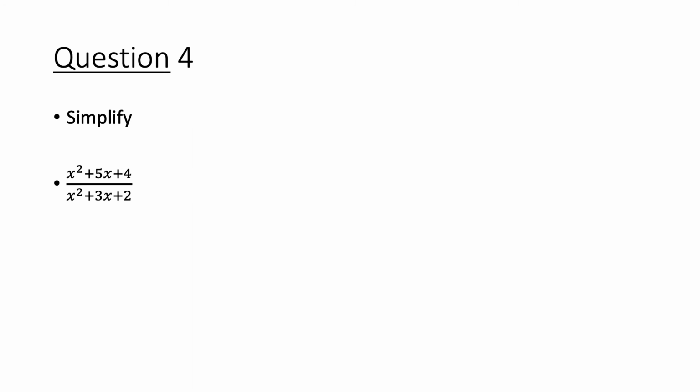Okay, last question. Simplify x squared plus 5x plus 4 divided by x squared plus 3x plus 2. So it's going to be factorizing the top and bottom and then cancelling down one of the brackets. Factorizing the bottom, I'm going to have x and x. There's going to be a plus and a plus here.